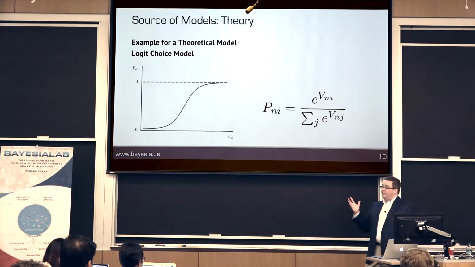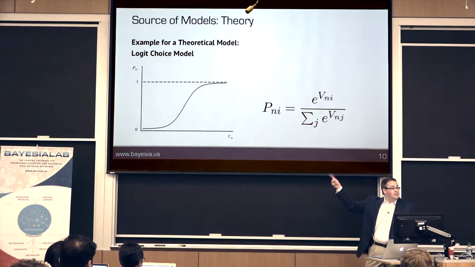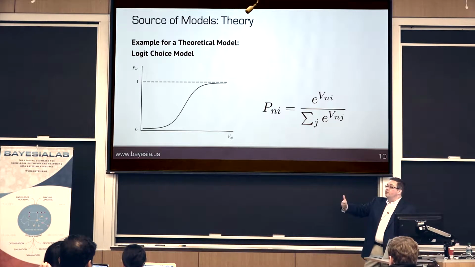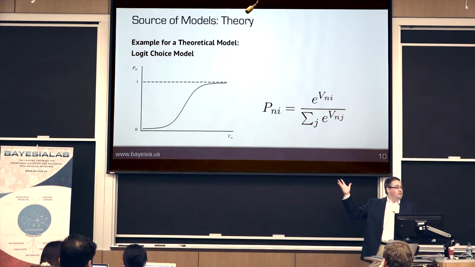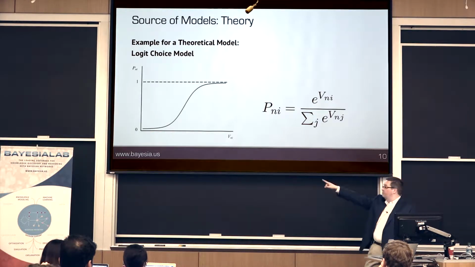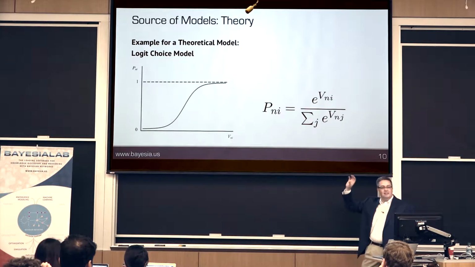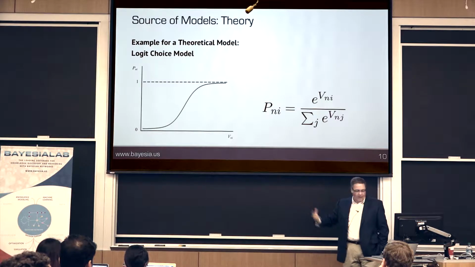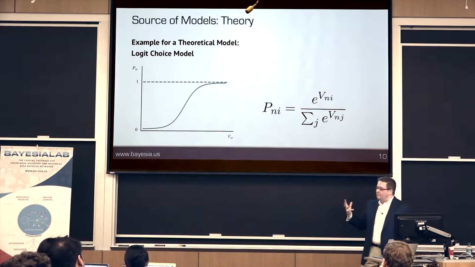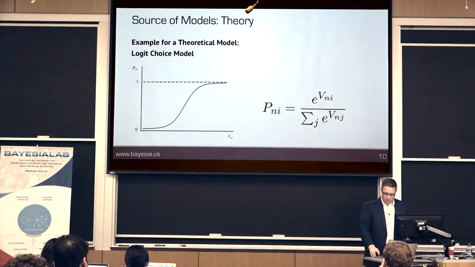One part of the theory is that we have a logistic regression that gives the function of how the choice changes as a function of utility. But this is pure theory because we haven't derived this. Somebody could argue that should be a linear function, or that should be a squiggly line. We don't really know. But the proposed theory is that it is a logistic regression. So that's just one type of theory that is very often employed.